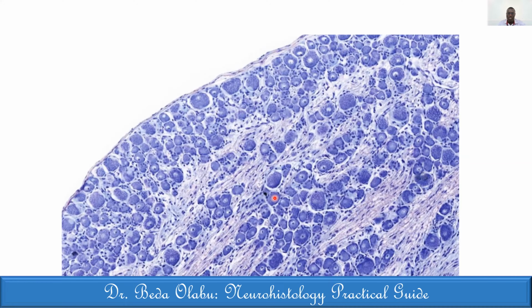Now what's an open face nucleus? An open face nucleus is largely a very large euchromatic nucleus with a prominent nucleolus. When we say a nucleus is euchromatic, what does it mean? It means that it has a lot of euchromatin.